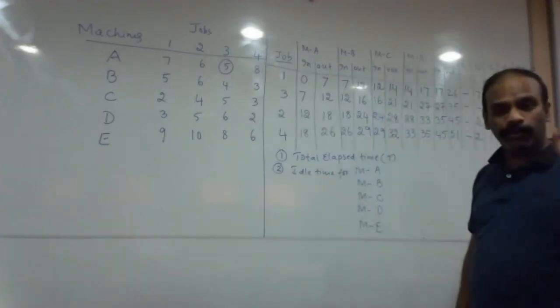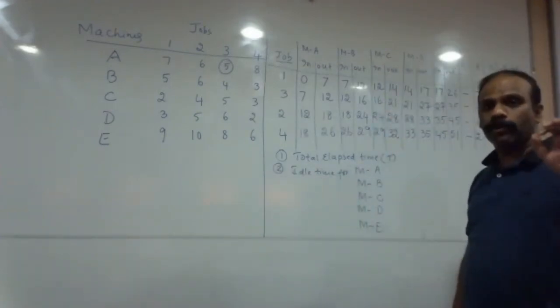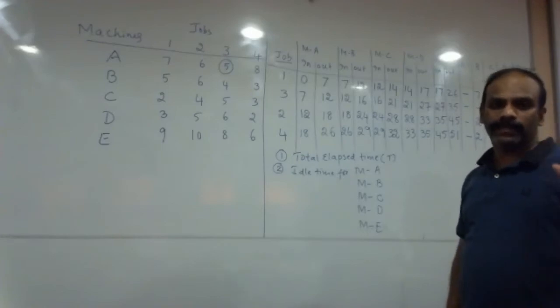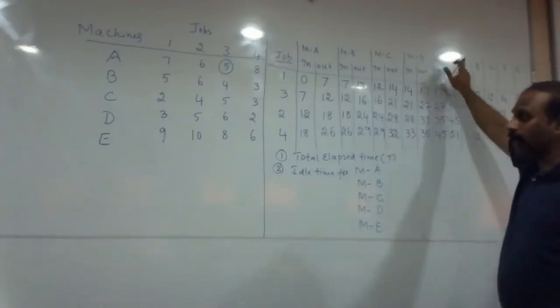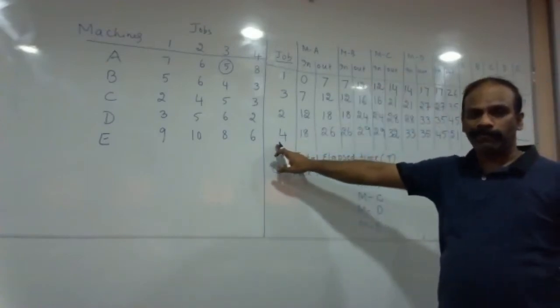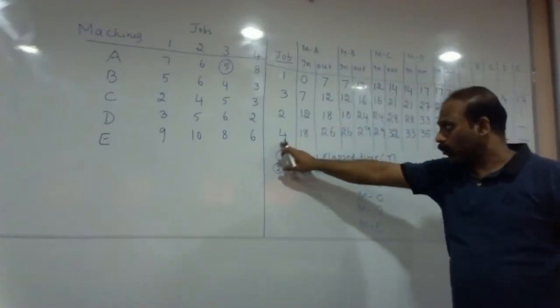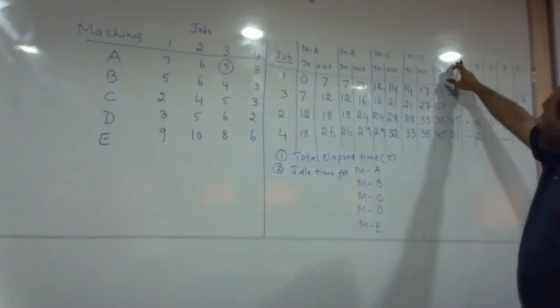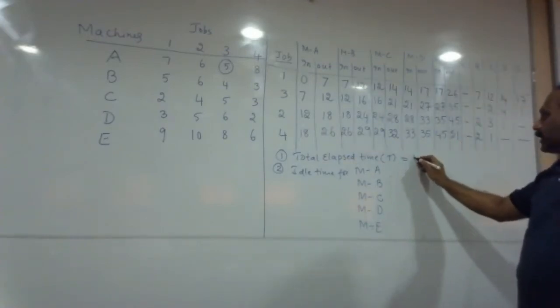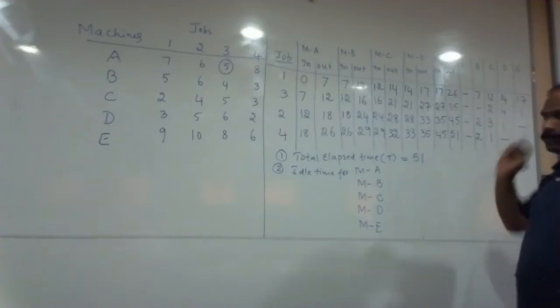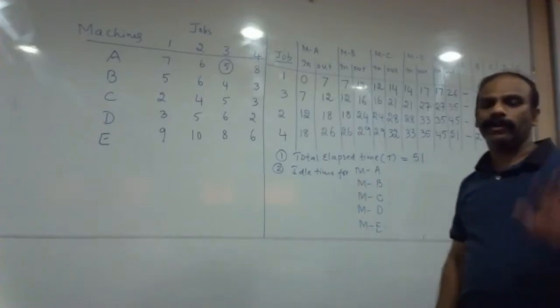The time at which the last job on the last machine completed. Same principle. Here the last machine is machine E and the last job is job number 4. So job number 4 is completing on machine E at 51. Therefore, the first answer is the total elapsed time is equal to 51.